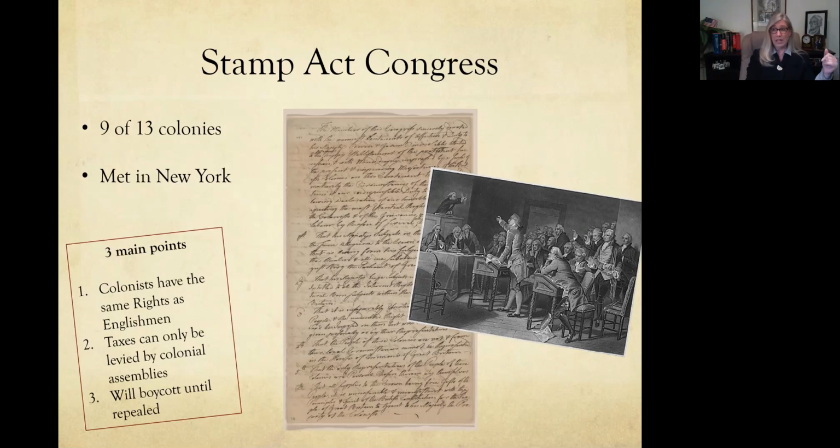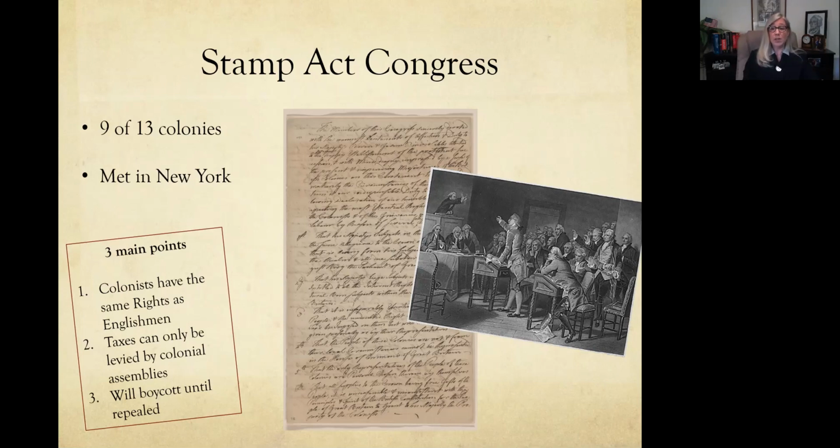Well, the colonies say, you know what, we're just not going to buy your English goods. And if nobody in America is buying English goods, then that's going to hurt the merchants in London, who will then put pressure on Parliament to get rid of the taxes. So they're not going to fight with their military, they're going to fight economically.